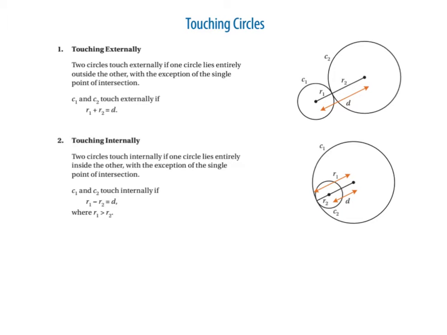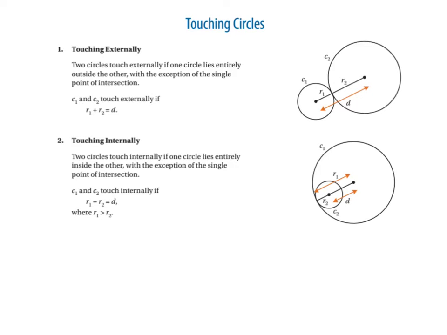So couple of rules, it's really straightforward. C1, so circle 1 and circle 2 touch externally if R1 plus R2 is equal to D. So you can see here that the two radii will be in a straight line. And if this R1 plus R2, so radius 1 plus radius 2, is equal to the distance between the centres, then that means they are touching externally.